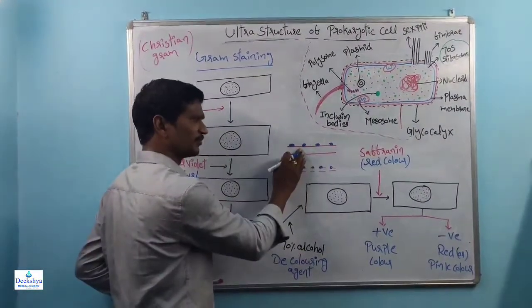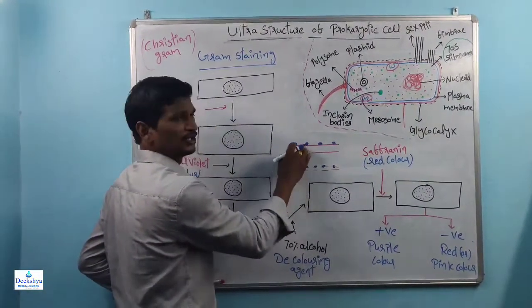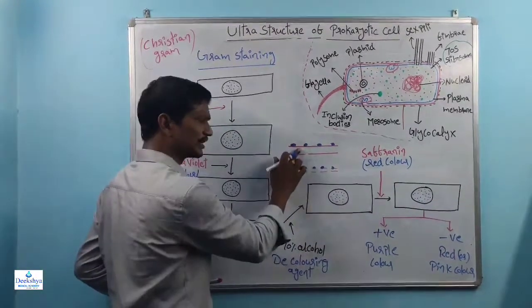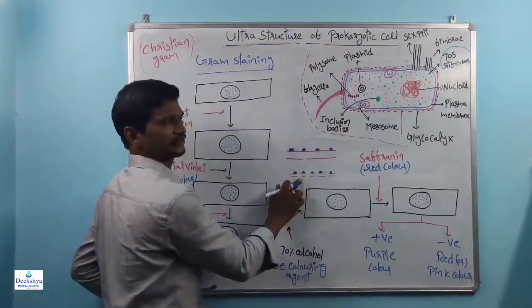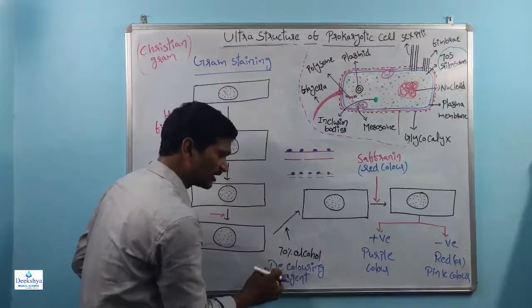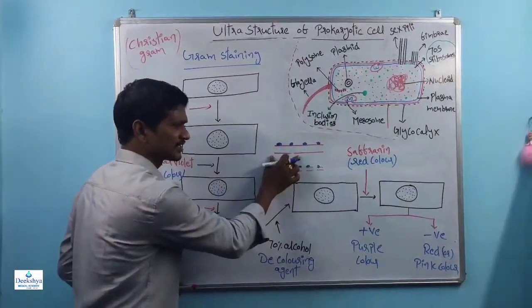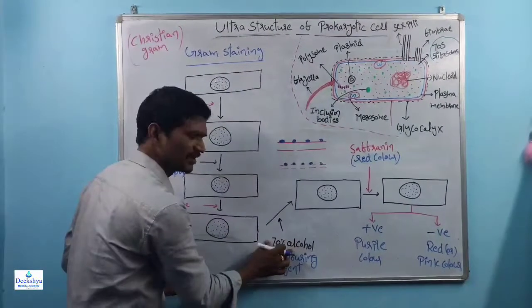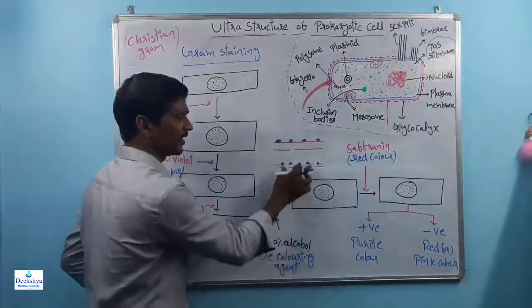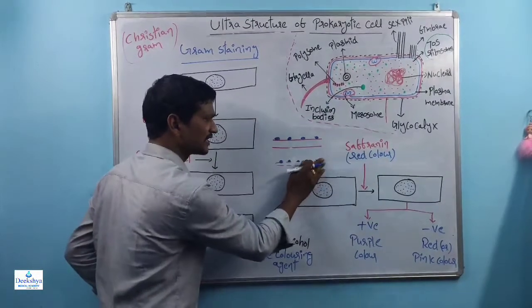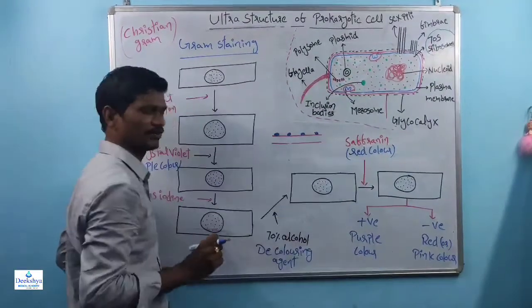But this one is the thick one. This is unable to be disturbed by the alcohol, because this one is the thick layer, and this one is the thin layer. So whatever structures the thick cell wall contains are not destroyed by the alcohol. But whatever thin cell walls are there are easily destroyed by the alcohol.